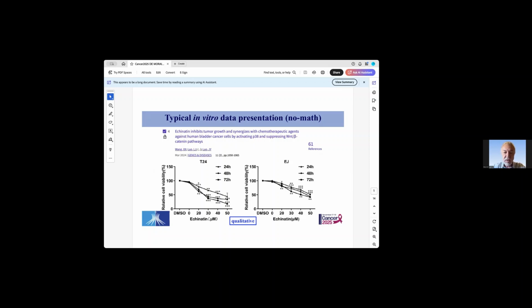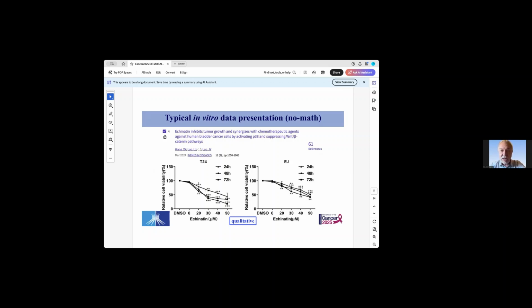These two cell lines were challenged by this chemotherapeutic agent. On the plots on the left-hand side, you can see the cell viability as a function of the concentration in micromolar. The experimental data are, of course, symbols. And the experiment was performed using 24 hours, 48 hours, and 72 hours incubation in both cases.